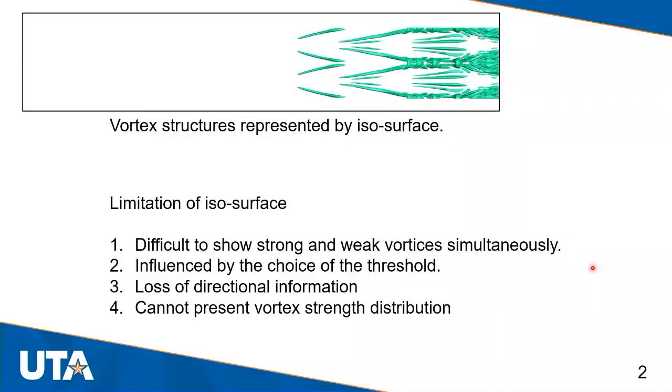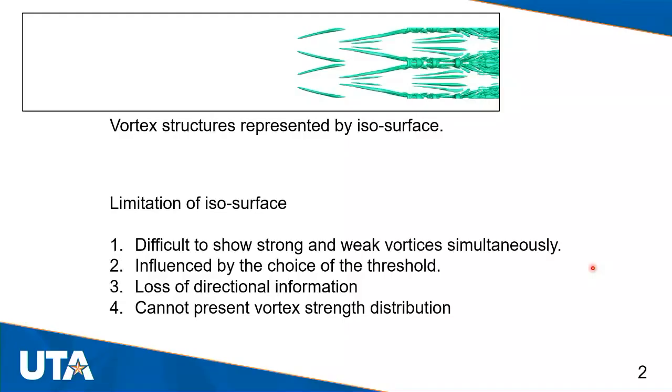And the last limitation is that the isosurface does not tell you how the vortex strength changes. Maybe you can tell the vortex strength for this simple vortex because you may say that here the vortex strength is stronger because it's thicker, right?